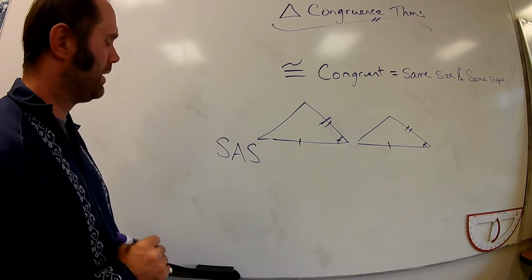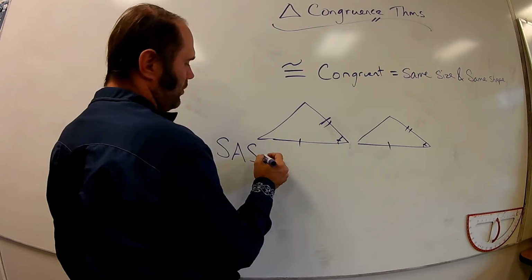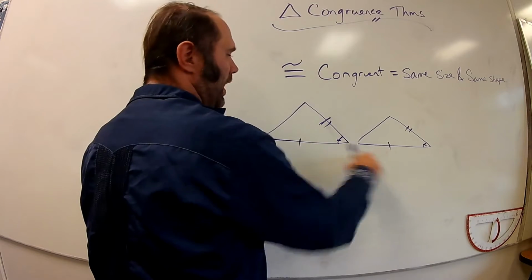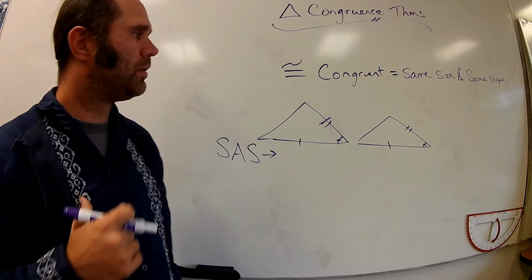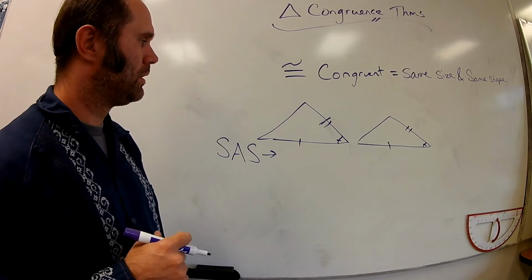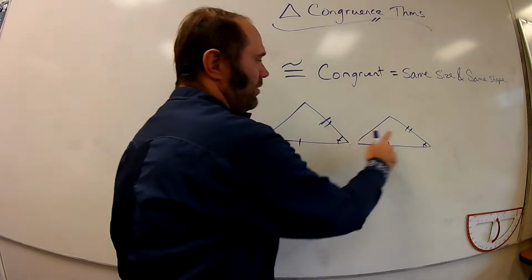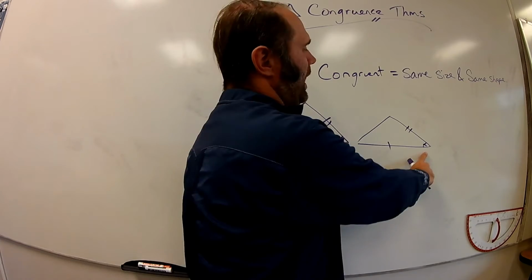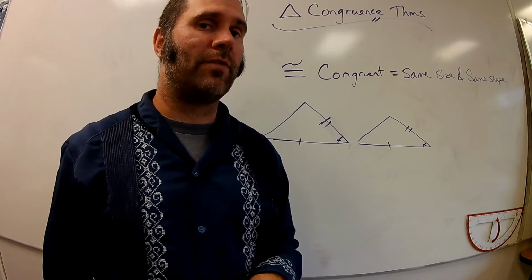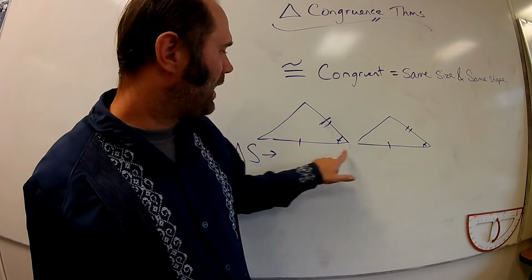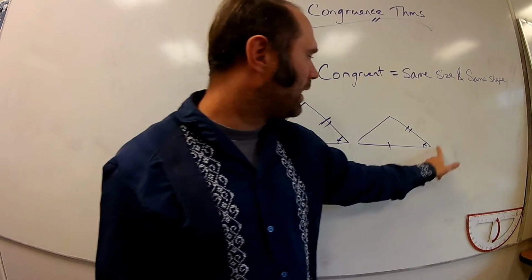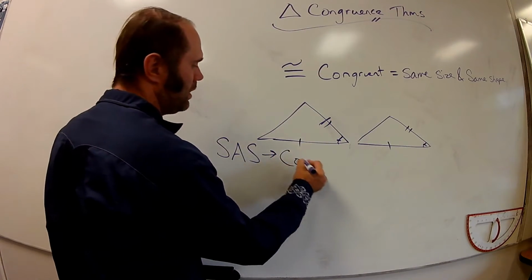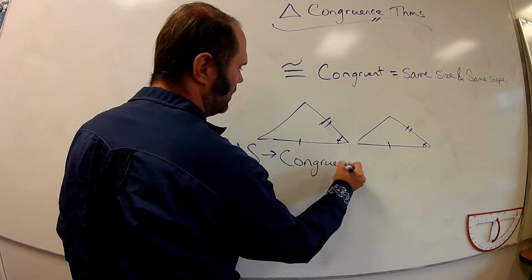Side, angle, side states that if a side is congruent to another triangle's side, and a second side is congruent, and the included angle, the angle between those two sides, is congruent, that is side, angle, side, then the two triangles must be congruent.